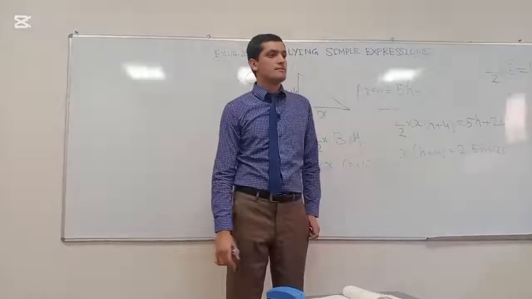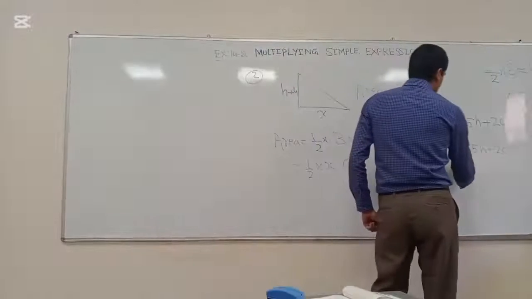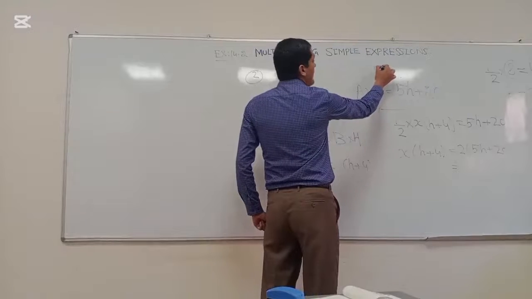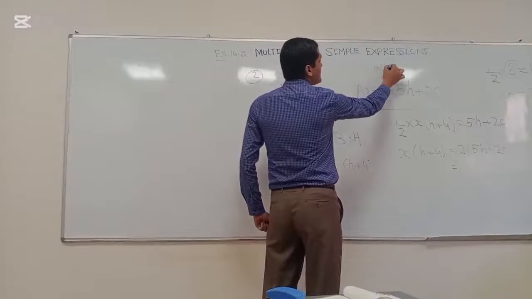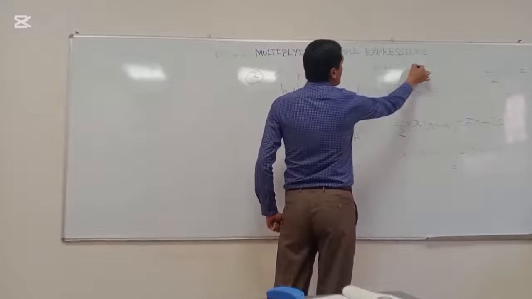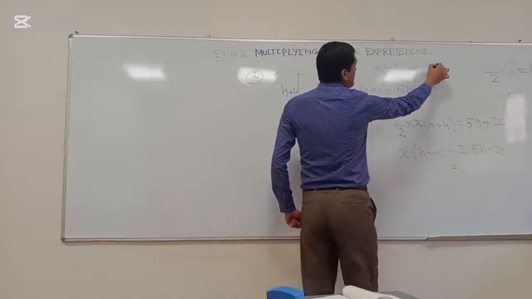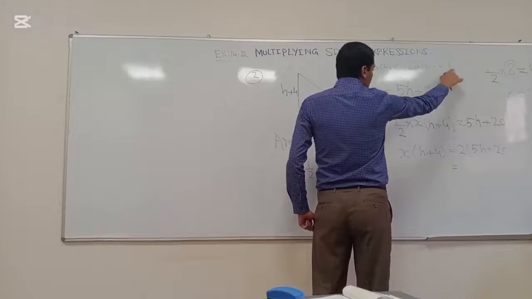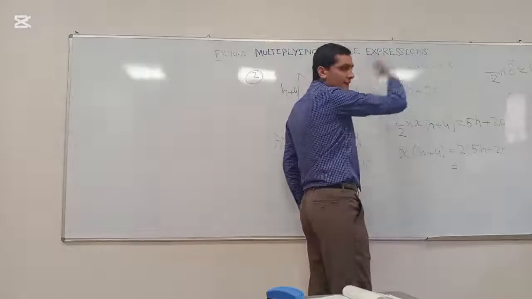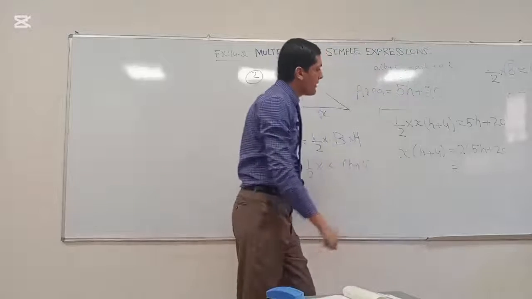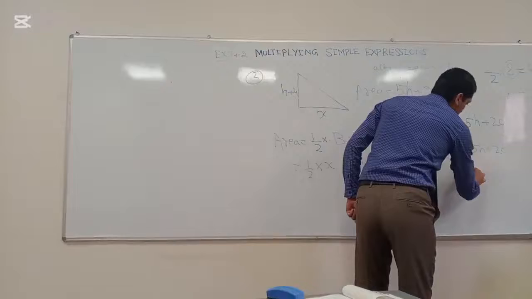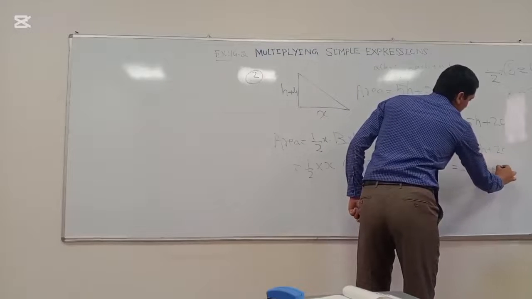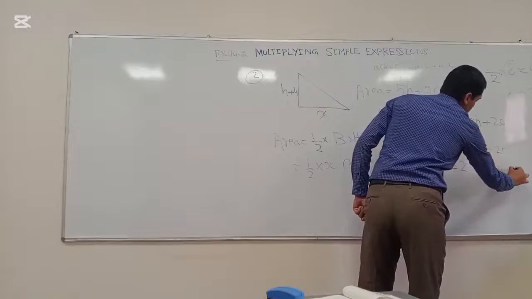Got it? Okay, now look here. If a into b plus c is equal to a multiplied by b plus a multiplied by c, then this thing is also equal to this thing. Like left is right, right is left. So I can write this as 2 multiplied by 5h plus 4 multiplied by 5.